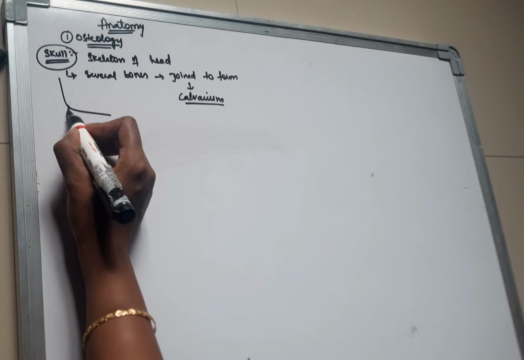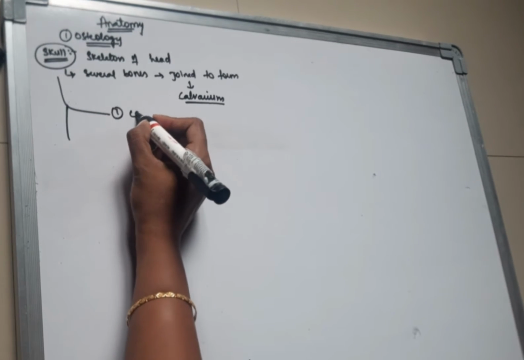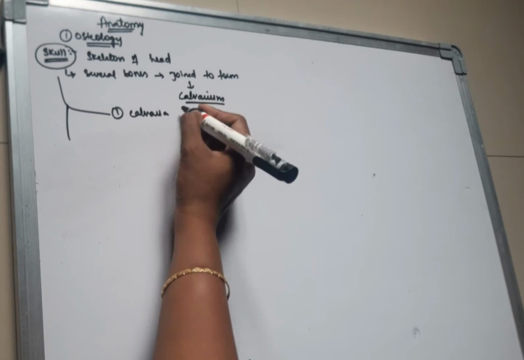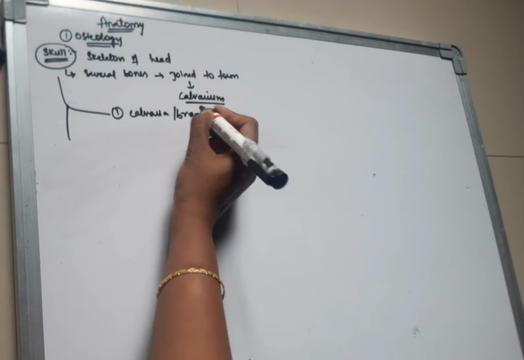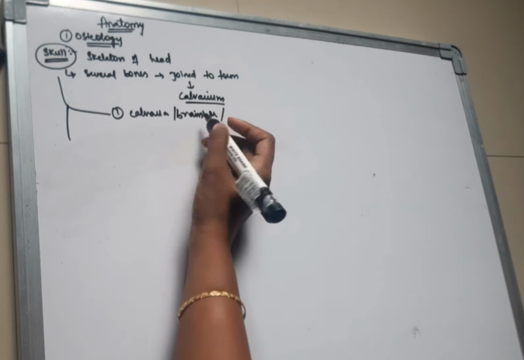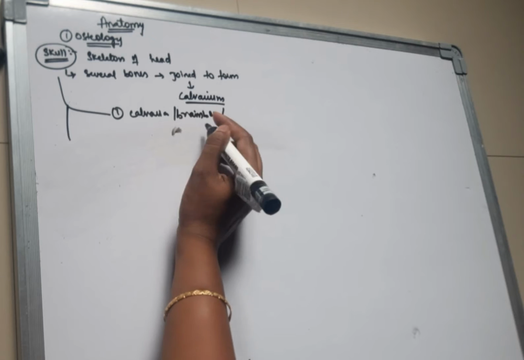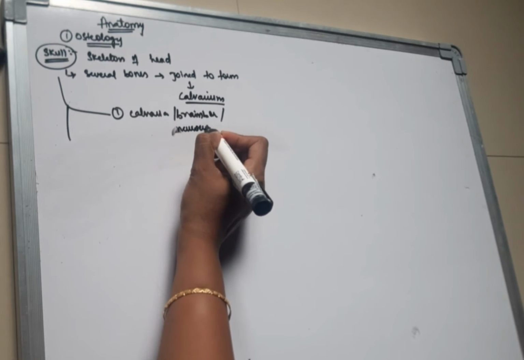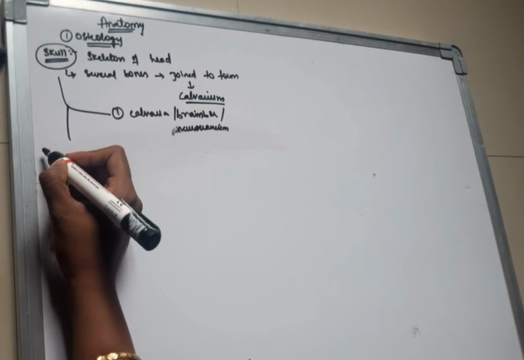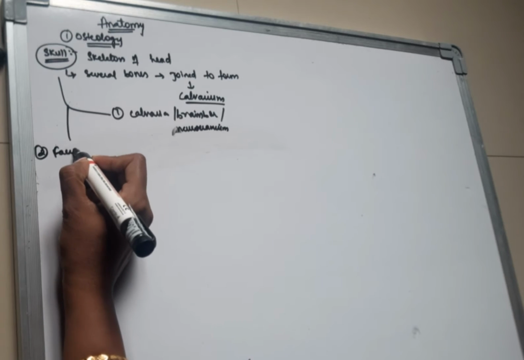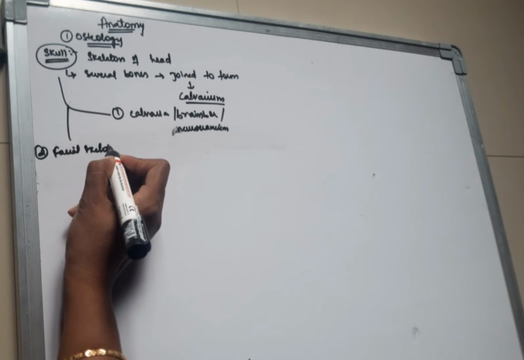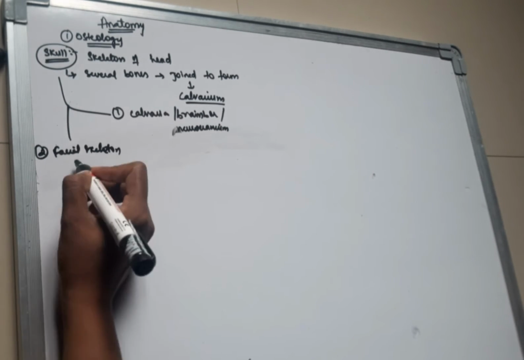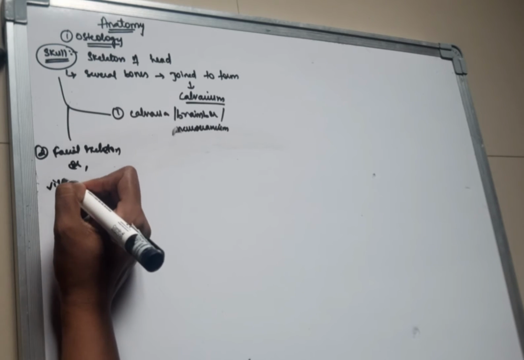Skull is divided into two parts. First part is calvaria, also known as brain box or neurocranium. And the second part is facial skeleton or viscerocranium.